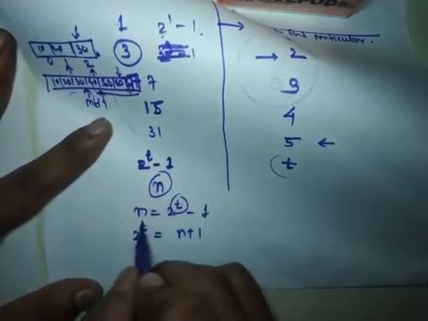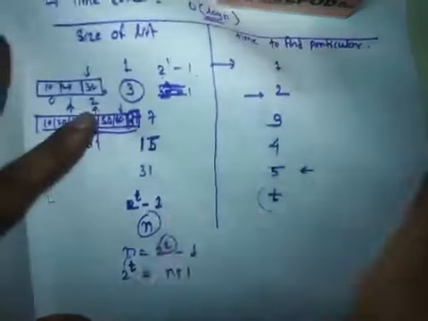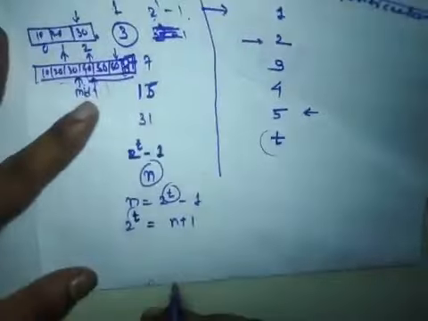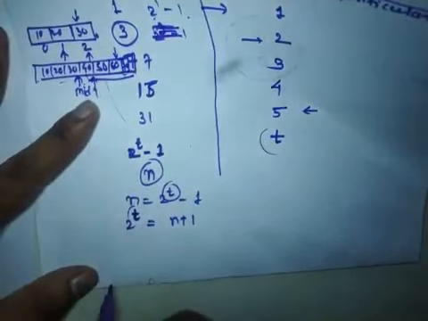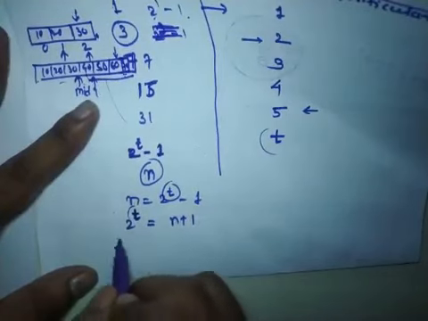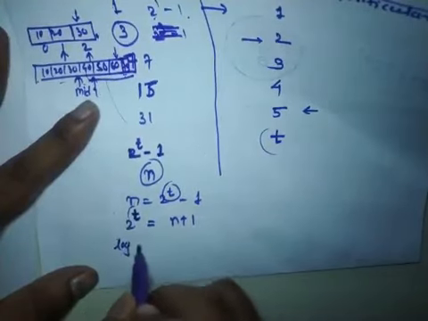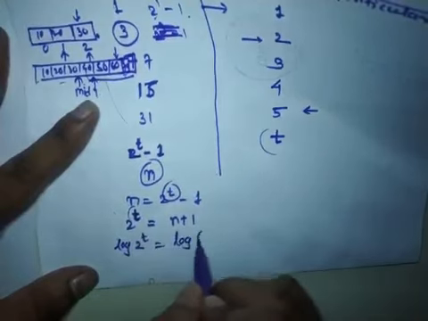But what I want to find is the time required to find the element, so t must not be in the power position. So I am going to take the logarithm on both sides.